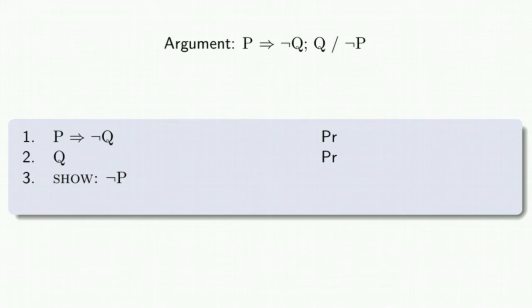Now you might be tempted at this point to do the following. Say not P follows from 1 and 2 by arrow out, the modus tollens version. After all, we've got P arrow not Q, we've got the opposite of Q here, therefore we can get the opposite of P. But that's wrong.